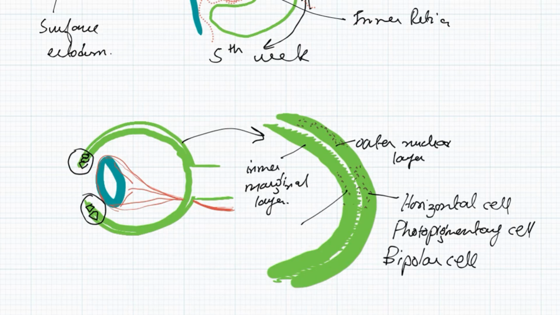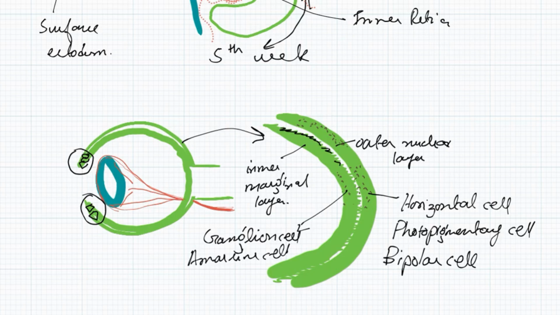The inner nuclear layer will form ganglion cell nuclei and amacrine cell nuclei. The inner marginal layer consists of cilia. These cilia, later in the 7th week of gestation, will be replaced by the outer segments of the rods and cones.